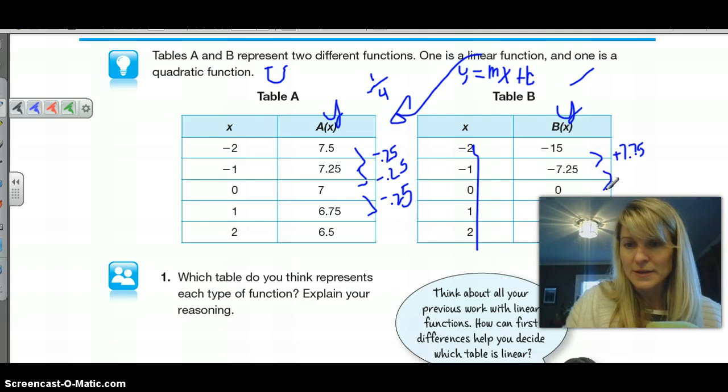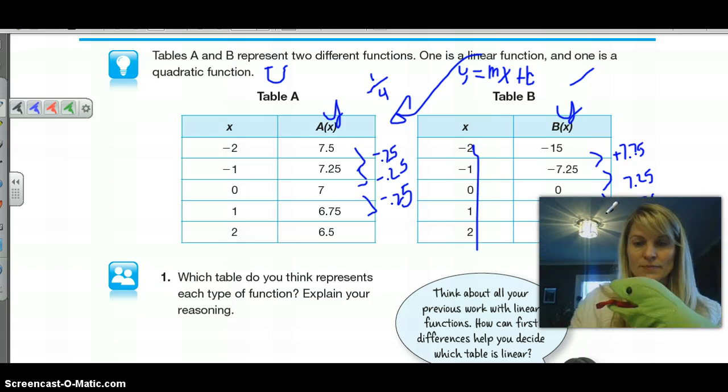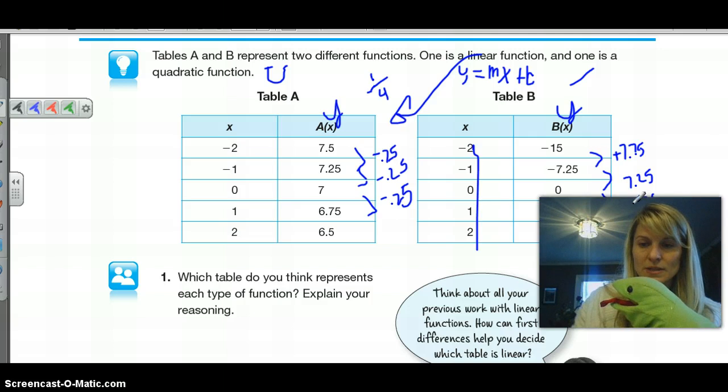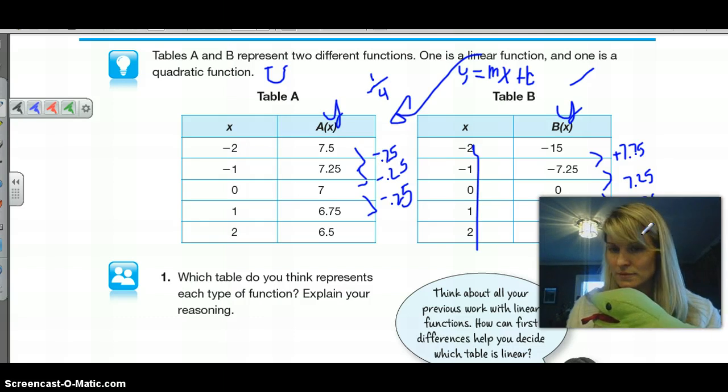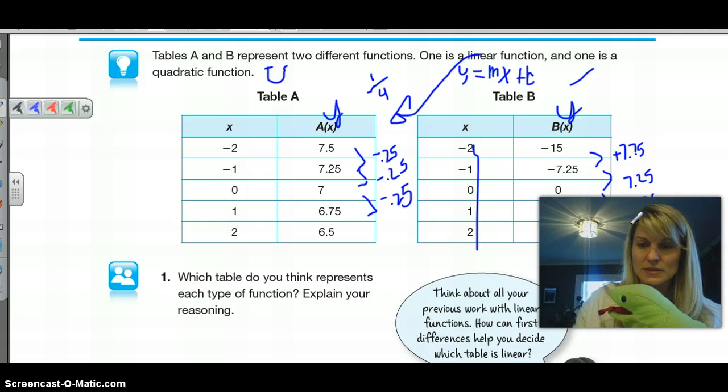And then from here to here, it's going up 7.25. And the difference between here and here is it increased by 6.75. And if we look from here to here, if we take 13 minus 6.75, that is going to give me 6.25. So that's going up by 6.25.